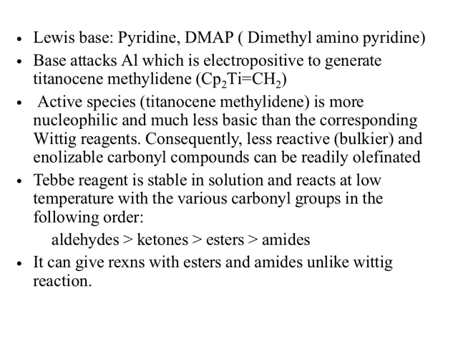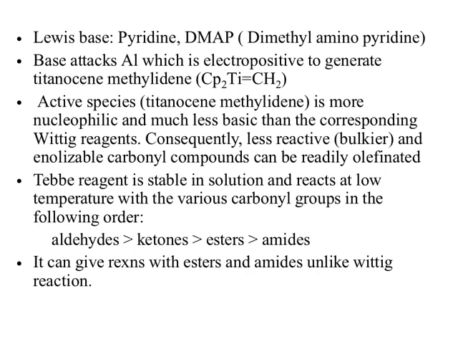Now to carry out Tebbe's reaction we need a Lewis base, and most of the time this Lewis base is either pyridine or dimethylaminopyridine, which is abbreviated as DMAP. So these two bases can be used. And why do we need to use Lewis bases?